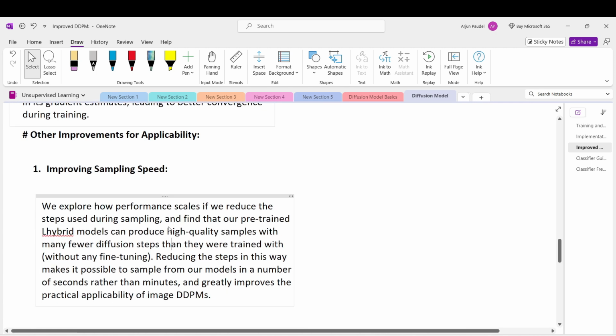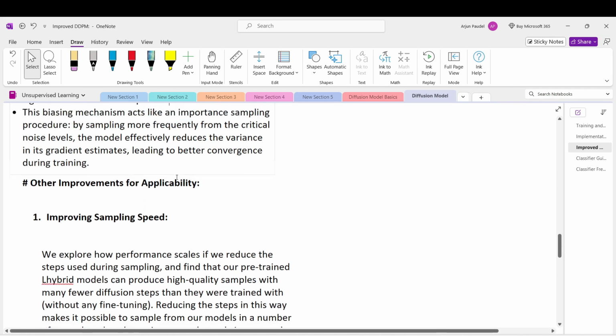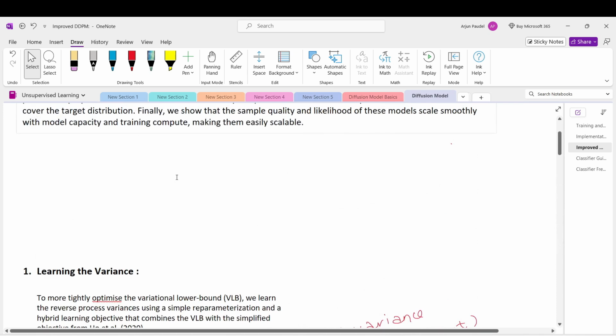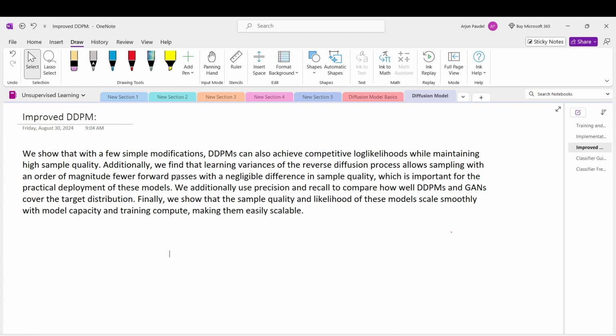And other than this, the paper also introduces some other improvements. First of all, they want to achieve high likelihood like other likelihood-based models, and their main goal was improving the log likelihood of the data.